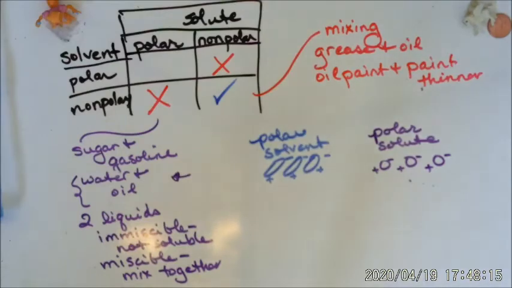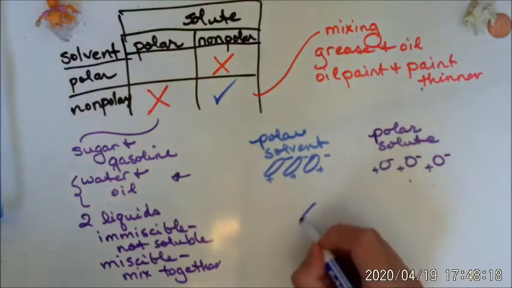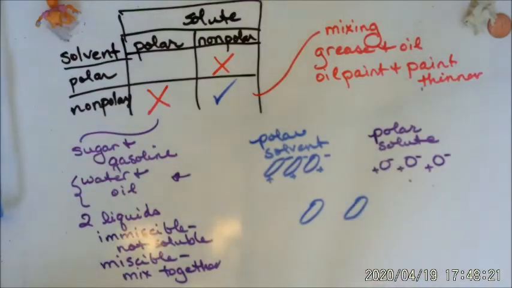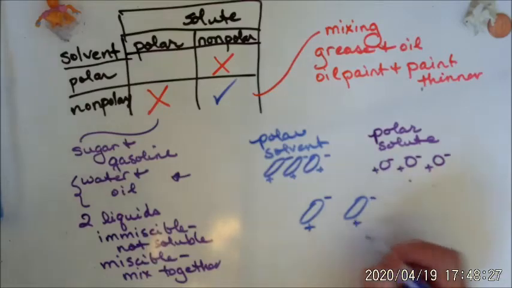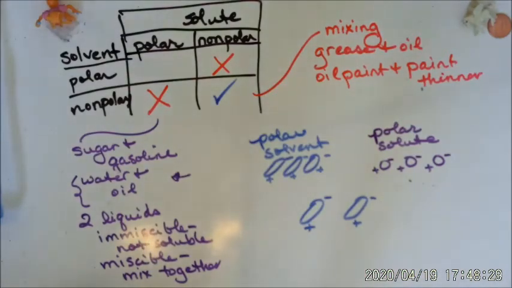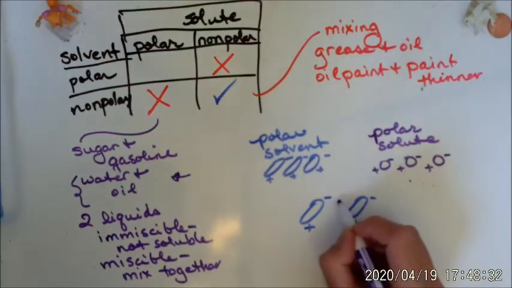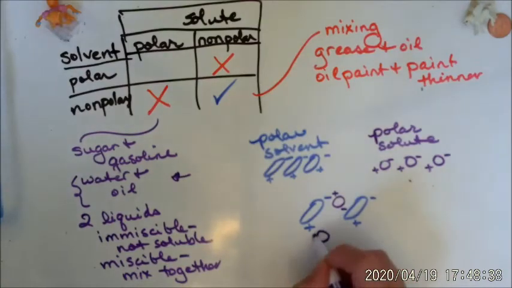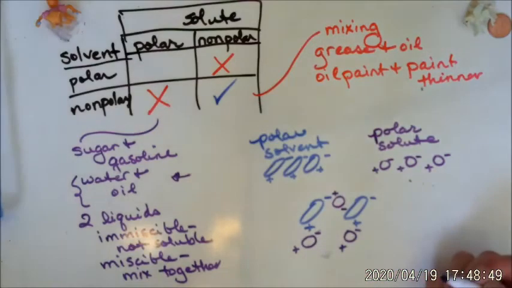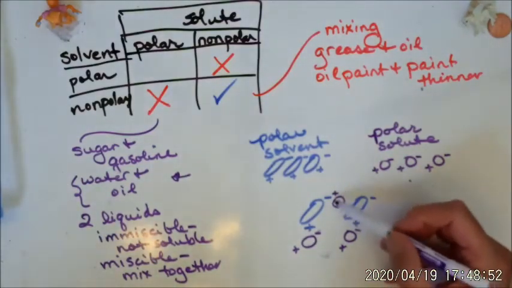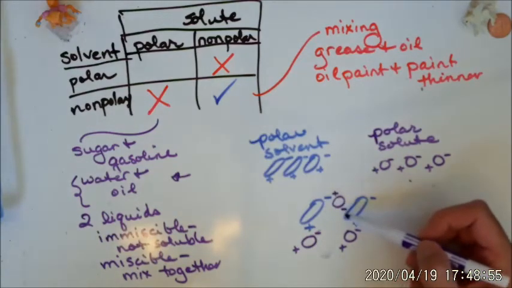Then when I make my solution, those interactions, which I would have lost had I had a nonpolar solute, I can gain back, because now I can actually get these interactions back between my solute and my solvent.